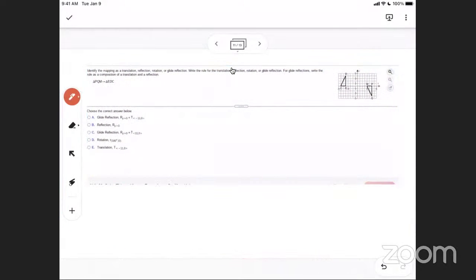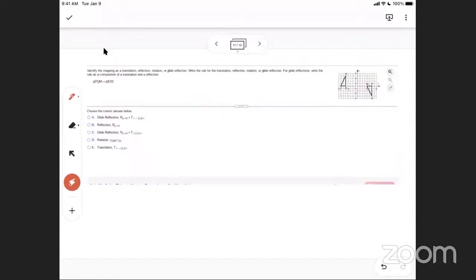Identify the mapping as a translation. All right, so this is like the other one, number 11. And we're going from P, now what does it tell you we're starting from for this one? It says you're starting from negative 8 and negative 4.